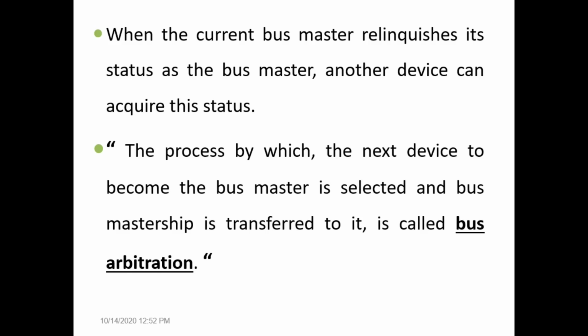Then again the arbitration process is executed and one more device is selected as bus master, so that device can use the bus for data transfer. This process keeps repeating. So the textbook definition of bus arbitration is the process by which the next device to become the bus master is selected, and bus mastership is transferred to the selected device.